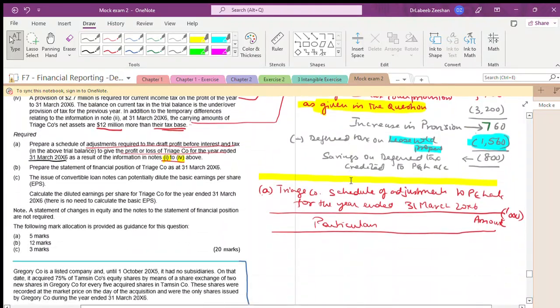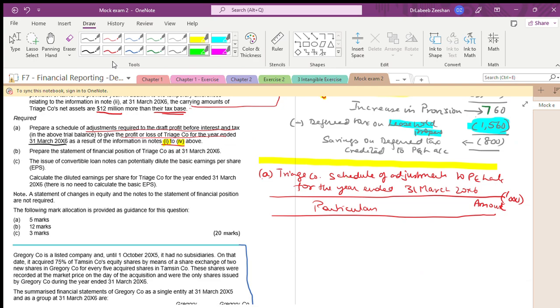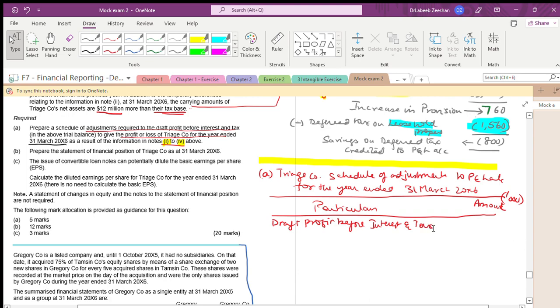Next, we have to take draft profit before interest and taxes. How much is there? 30,000. Now, less, first point number 1.